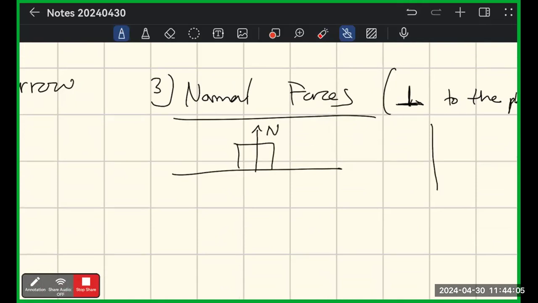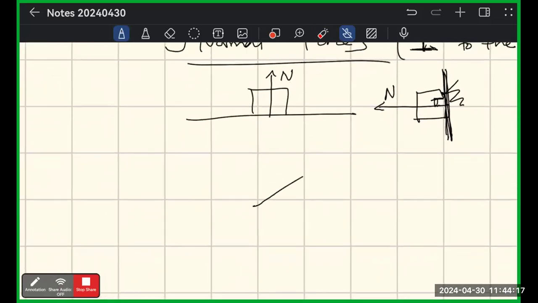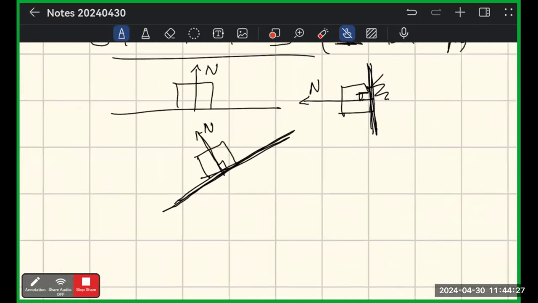If it's not a plane but a wall and you push something to the wall, it will give a normal force here, which is perpendicular to the wall. If you have a plane like this, it will also have this normal force here.